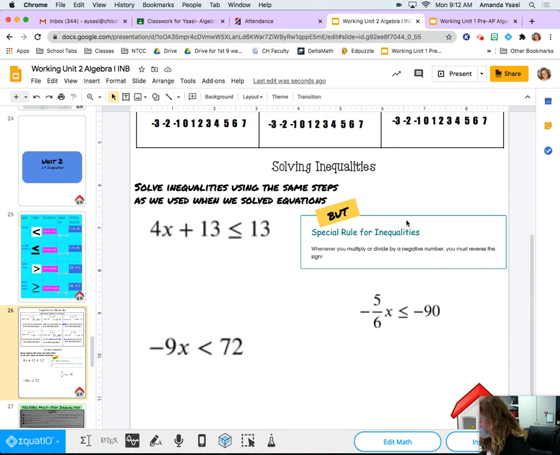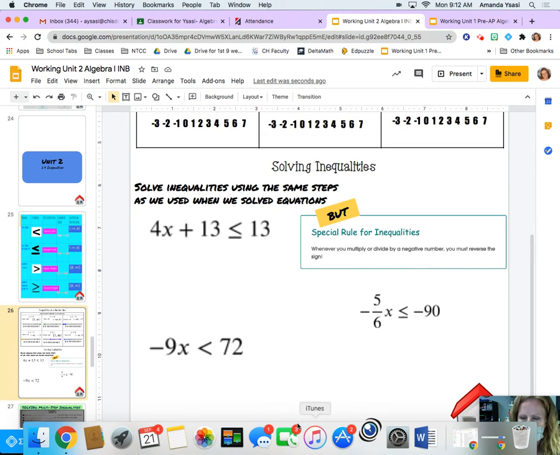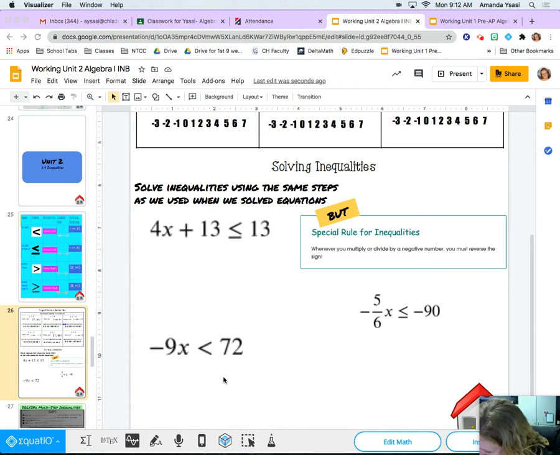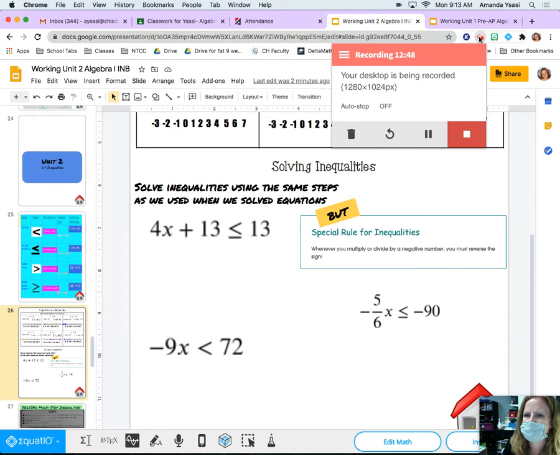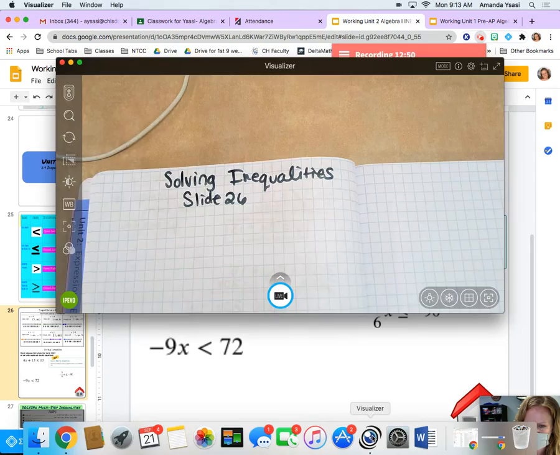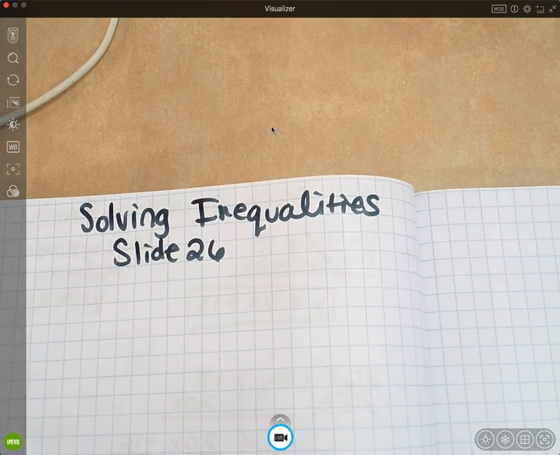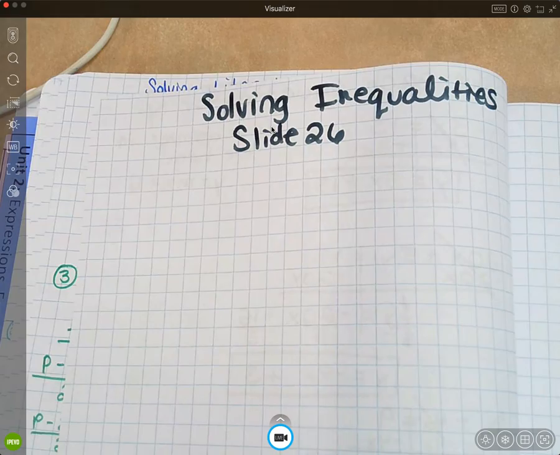Okay, so open up your composition book, and let's title this page Solving Inequalities, slide 26. Okay, Solving Inequalities, slide 26 should be what it is titled.